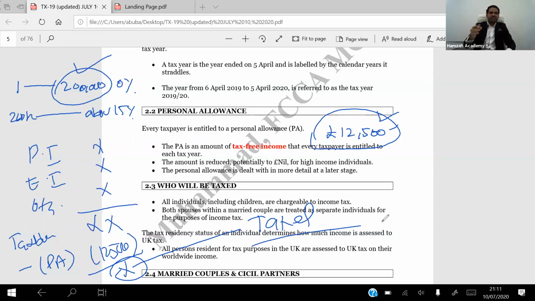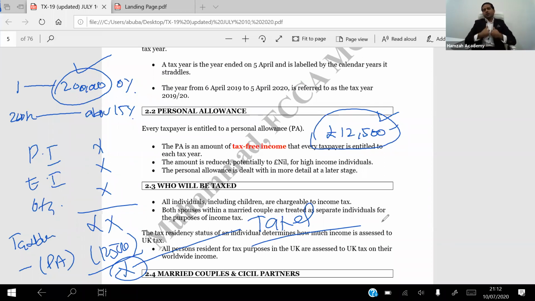So personal allowance is like a tax-free income available to all individuals. Now remember that part when I said in my example that a husband can save tax by transferring the ownership of his house to his wife, and she is not earning anything. That is why it is beneficial to transfer.